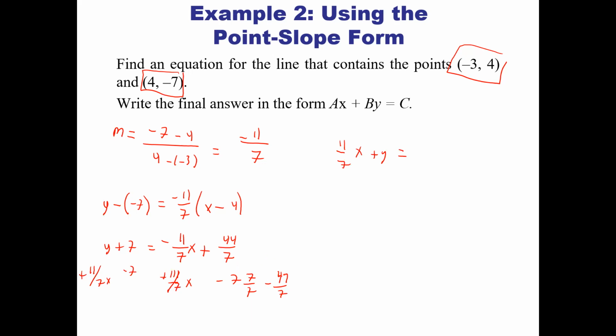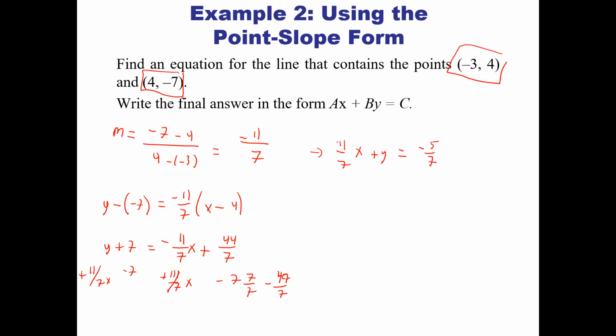So it's going to be minus 49 plus 44, so that's going to be minus 5 over 7, if I did the math right. And so that looks to be that. And so that would be one possible form.